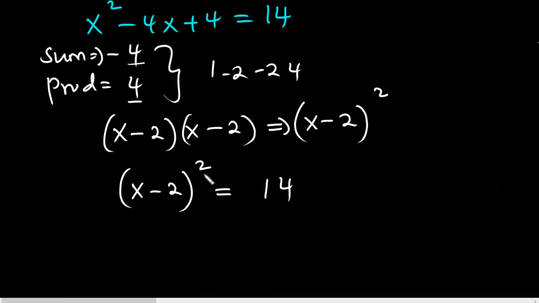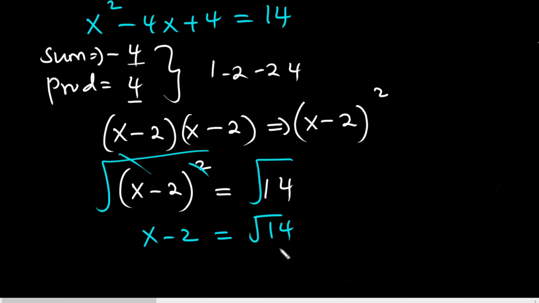The way to do that is to get the square root of both sides, so that we're going to have x minus 2, so the square and the square root cancel one another, and we're left with x minus 2 is equal to the root of 14. And the root of 14 can be either positive or negative.